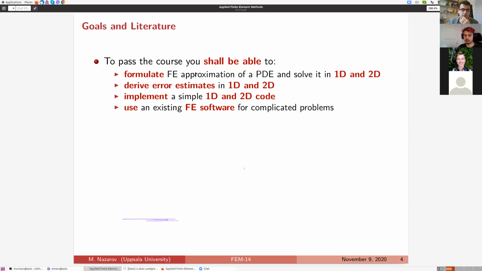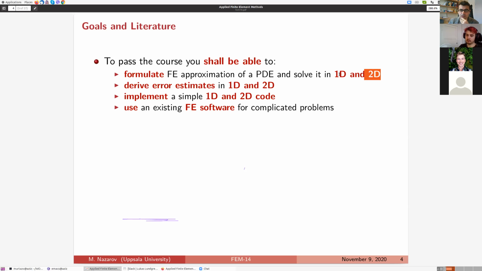All right, so yeah, here I wrote about what is needed to pass and what is the expectation of this course. I wrote it in the student portal, but in short, after this course, you should be able to formulate finite element method for certain PDE problems, stationary and time dependent in 1D and 2D.